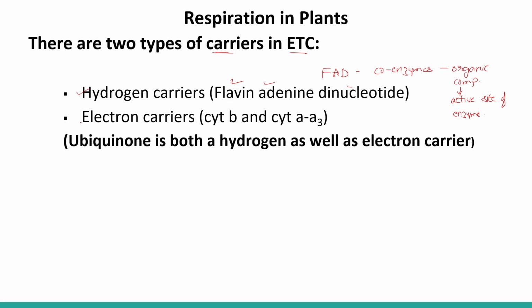Another type are electron carriers, for example cytochrome B and cytochrome A3, which are involved in electron transfer during the electron transport chain. And ubiquinone is unique because it is both a hydrogen as well as an electron carrier.